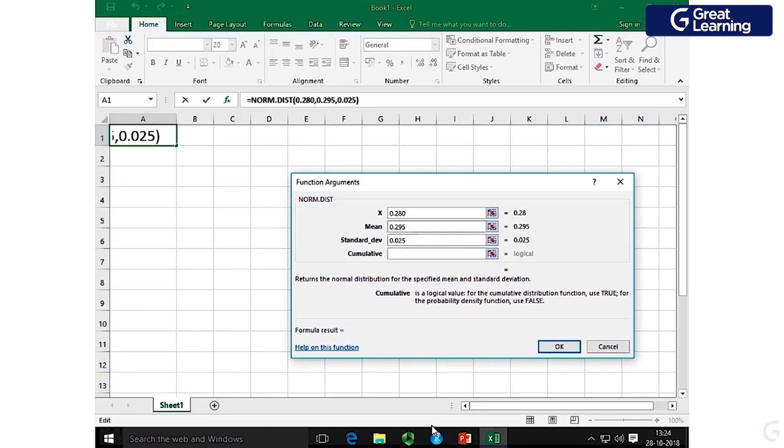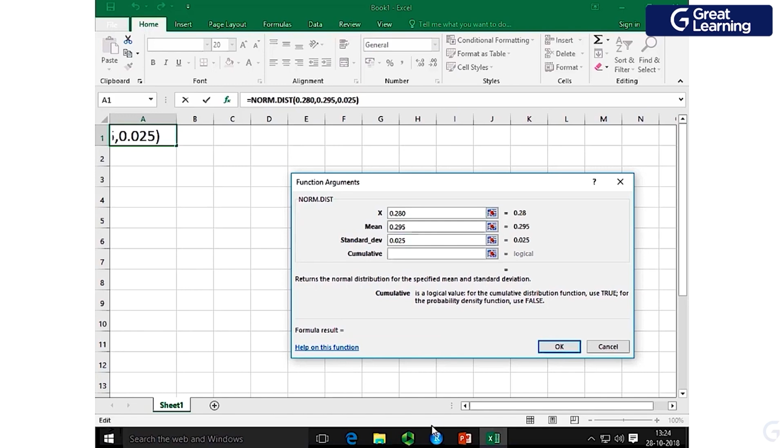What is it that you are getting? 13 point something. You know what it has given? It has given the value of the density function, 1 upon sigma root 2 pi times e to the power of minus (X minus mu) whole squared by 2 sigma squared. It has faithfully done it. When a student asked, I actually demonstrated, it was 13.3, then he was convinced. If you write it as false also, it will give the value of the density, f(x). But we want the probability, so put 1.